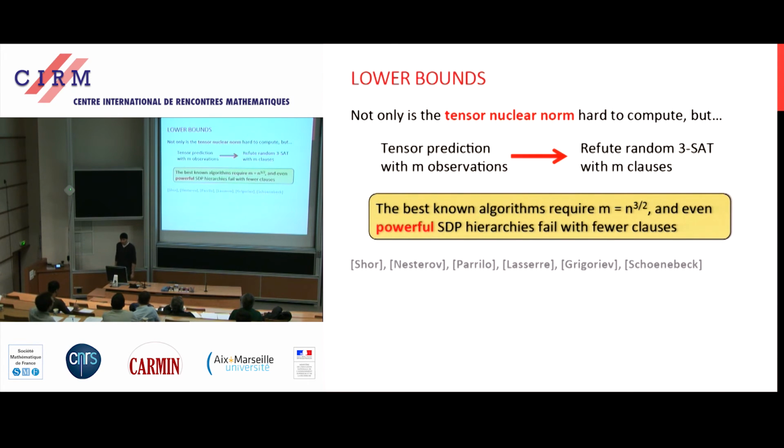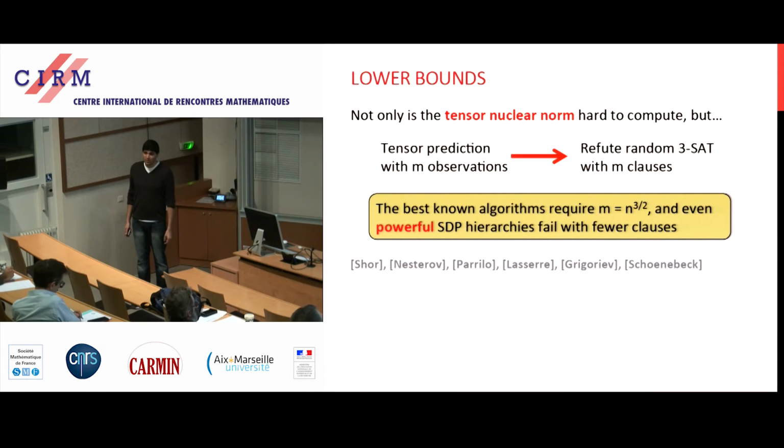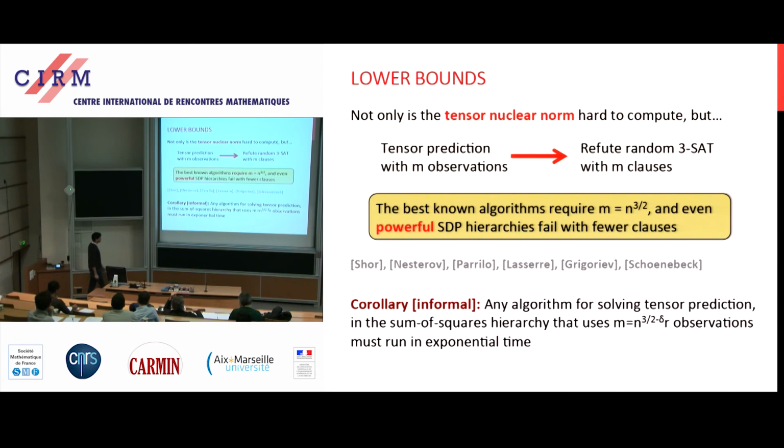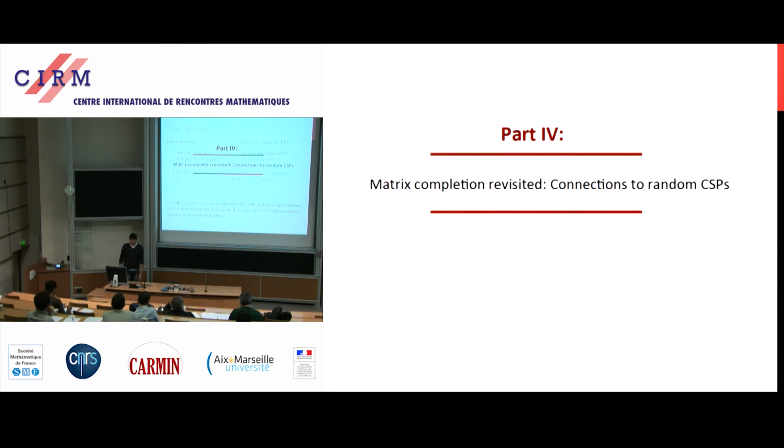So we know even lower bounds against very powerful families of semi-definite hierarchies. And what that means is that you actually can't beat this strange little n to the 3 halves times r within things like the SOS hierarchy. And actually if you could, you would solve this average case conjectured hard problem. So there actually is a complexity theoretic obstruction to getting all the way down.